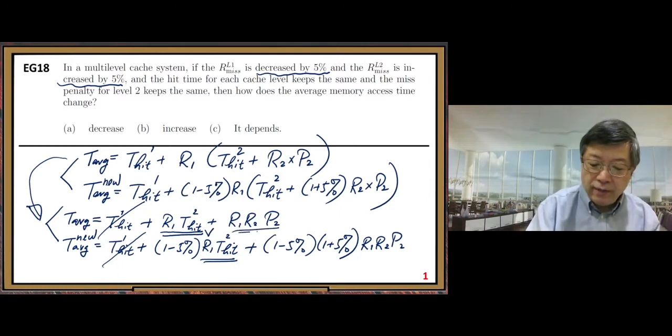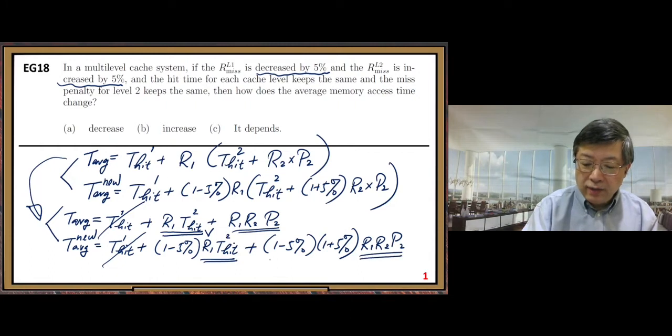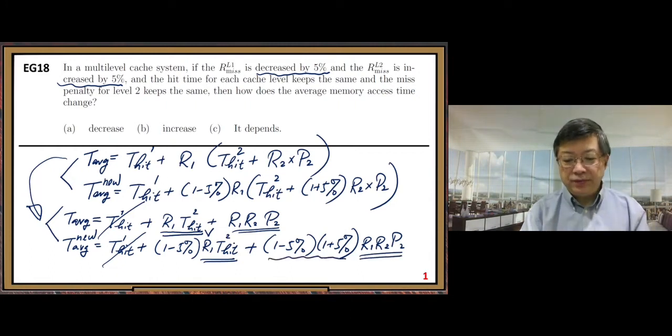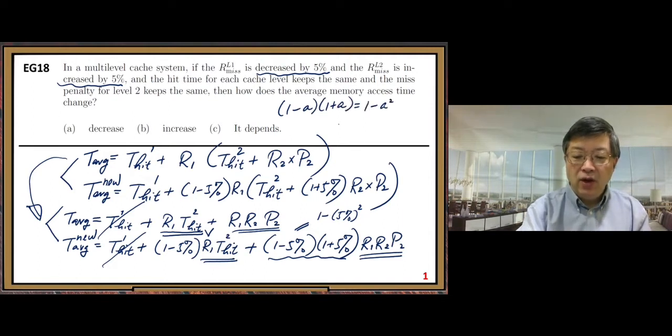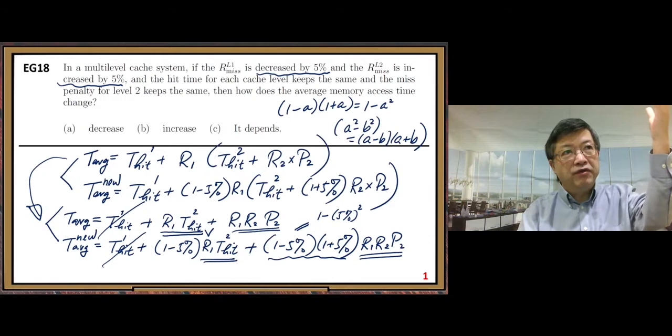The third term, now we look at the coefficient. 1 minus 5%, 1 plus 5% equals 1 minus 5% squared. Because we use the formula here, 1 minus a, 1 plus a equals 1 minus a squared. Or in general, a squared minus b squared equals a minus b, a plus b, the general difference of squares formula.